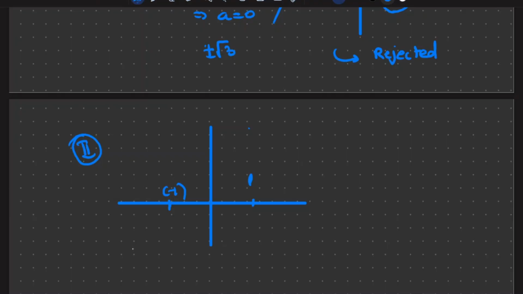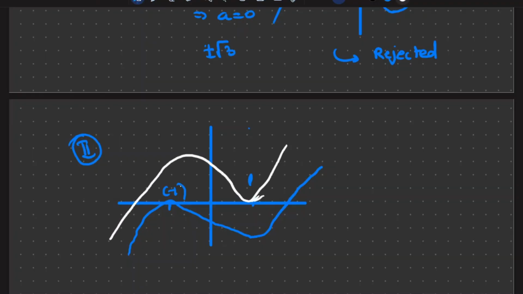For it to have two equal roots, the situation has to be something like this, or let me draw it with a different color over here itself, or it is going to be something like this. So these two are the cases which I'm going to get.